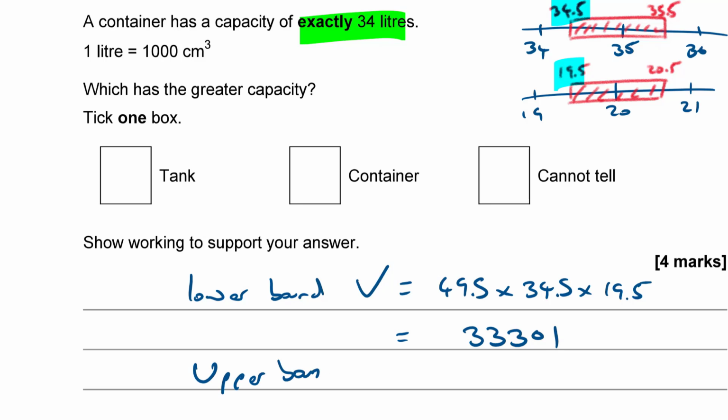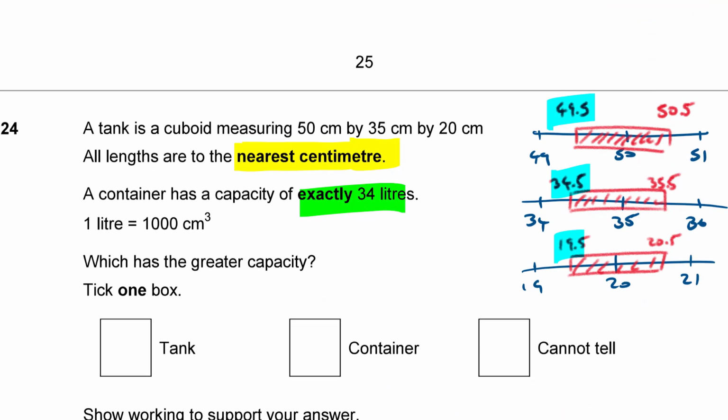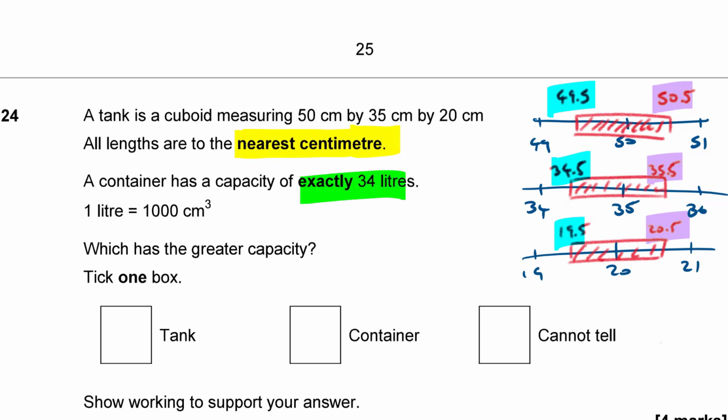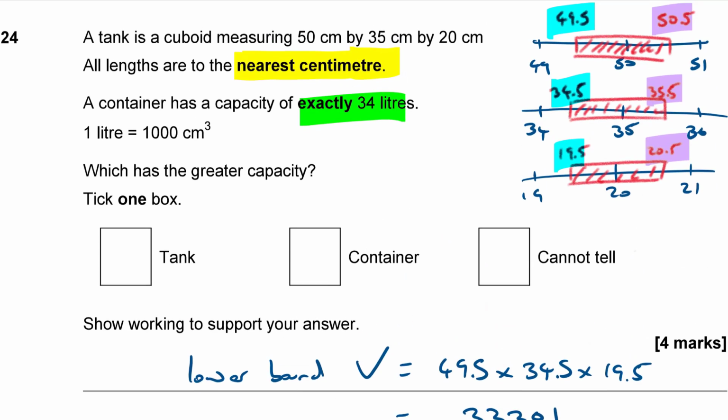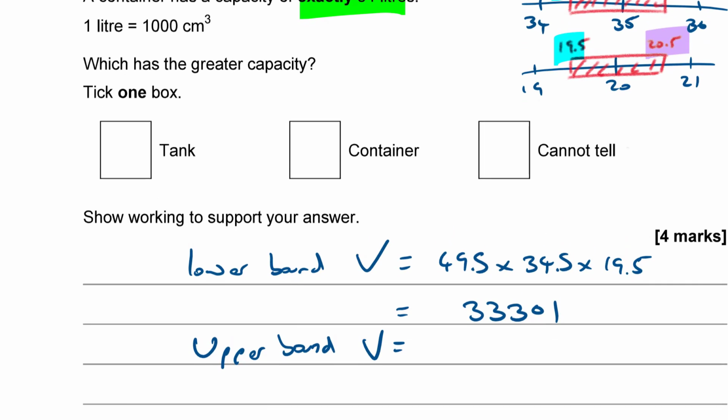I'm going to get for the volume, it's going to be those 3 at the other end, aren't they? Multiplying those together. So that is going to be 50.5 times 35.5 times 20.5.